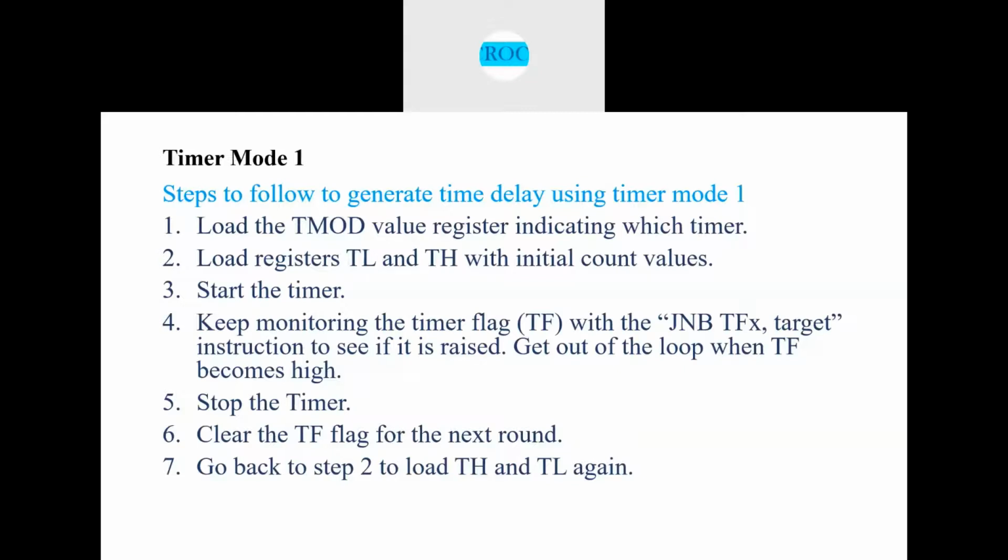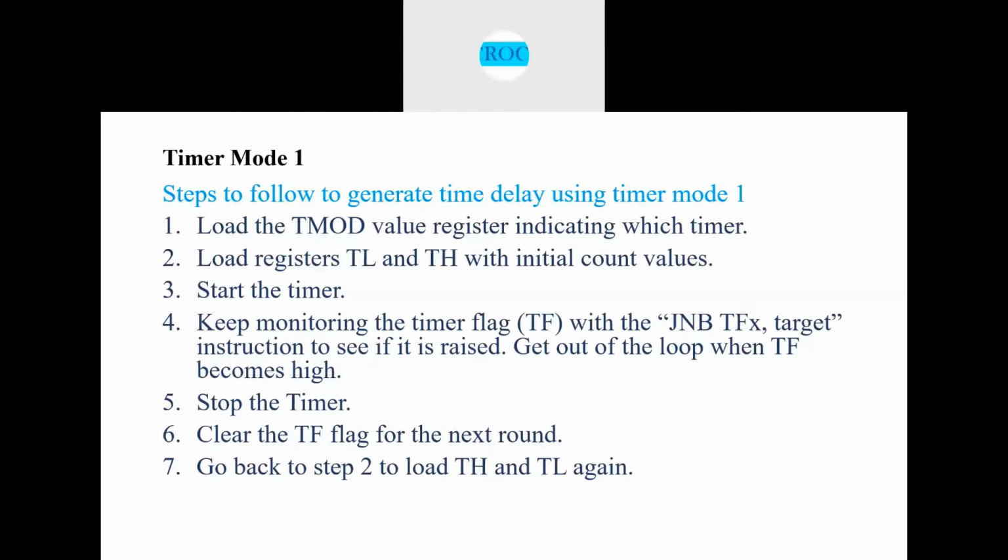Next, load the TL and TH registers with initial count values. It can start with 0 or any initial value you choose. And next, start the timer. How do you start the timer? Set bit TR0 or TR1.